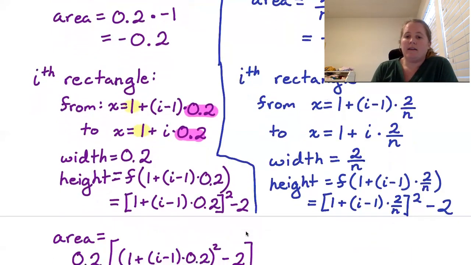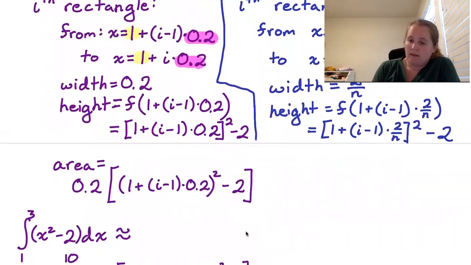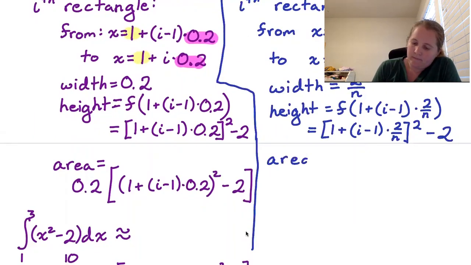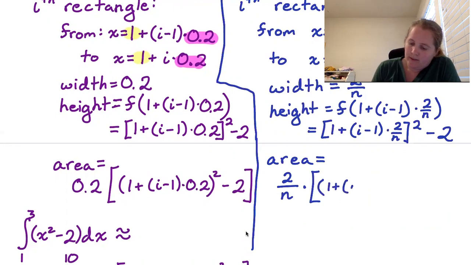So this is the height of the ith rectangle. For the area, we will do width times height. So 2 over n times 1 plus i minus 1 times 2 over n squared minus 2.